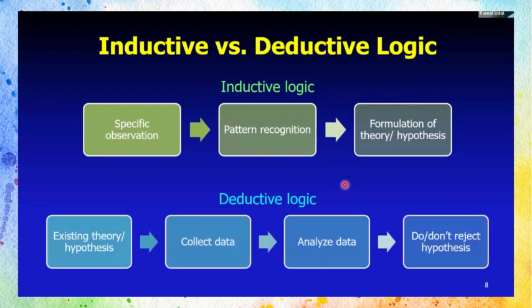And for deductive logic, we have the theory first, and then we collect data, we analyze data, and we accept or reject the hypothesis. Many research studies in the field of medical science follow this logic.